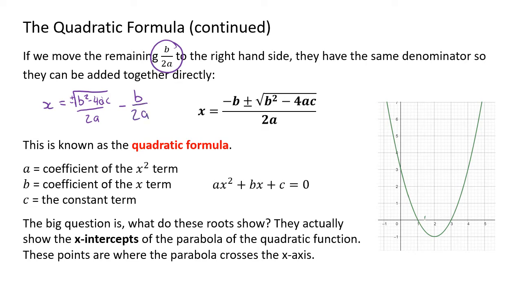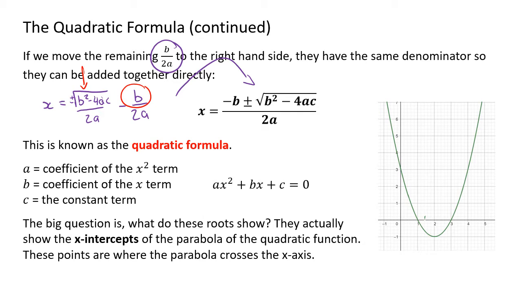When you have two fractions that have the same denominator, you can simply add their numerators together. And if you do that, you arrive at this answer here: negative b, which is the term we had right here, plus or minus that square root term, b squared minus 4ac, all divided by 2a. This is the formula that will be able to solve any of your quadratic expressions.